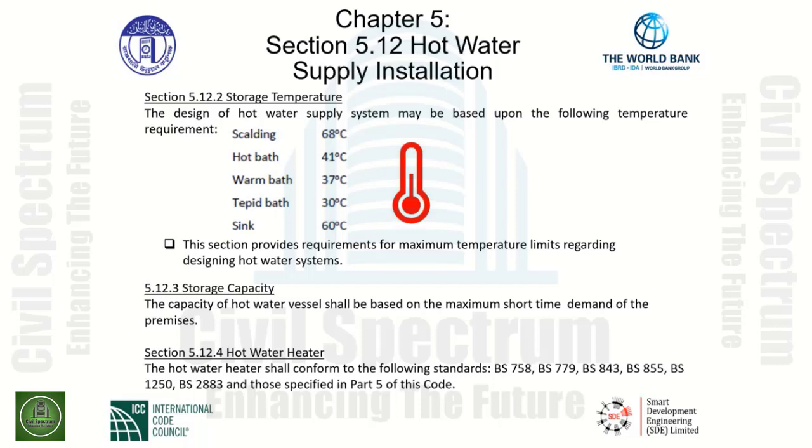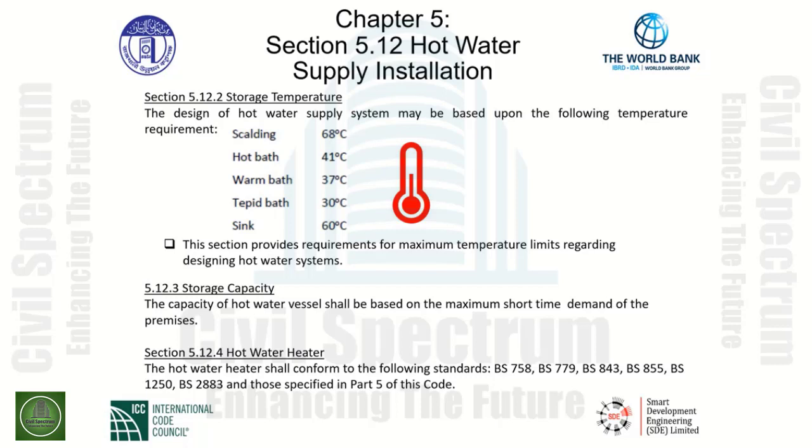Section 5.12.4, hot water heater. The hot water heater shall conform to the following standards: BS 758, BS 779, BS 843, BS 855, BS 1250, BS 2883, and those specified in Part 5 of this code.